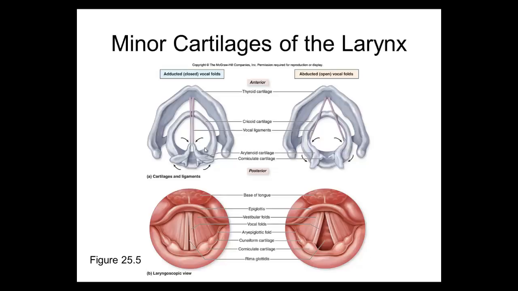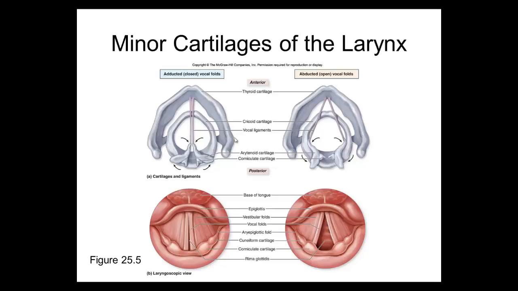The arytenoid is connected at its tip to the vocal ligaments, and we have two muscles, the lateral cricoarytenoid and the anterior cricoarytenoid, which can shift the arytenoid to open and close, and you can see the opening and closing movement here, bringing the two ligaments together.